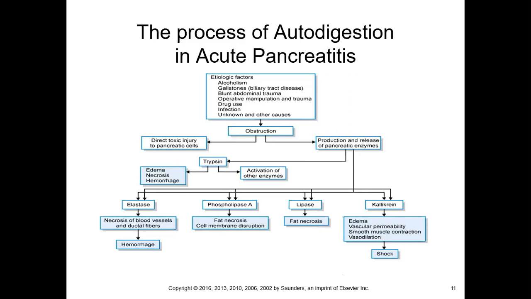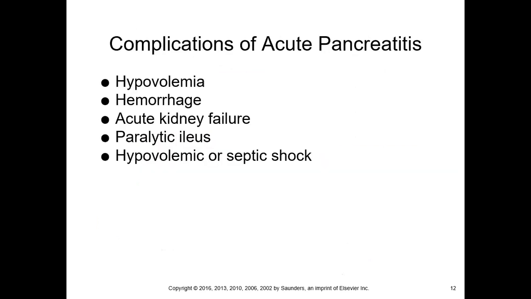So this is a kind of fun slide. It shows what goes on. It's an interesting pathway. You get the obstruction, you can get direct injury, or it can produce the release of pancreatic enzymes. Take a look at this and follow it through.